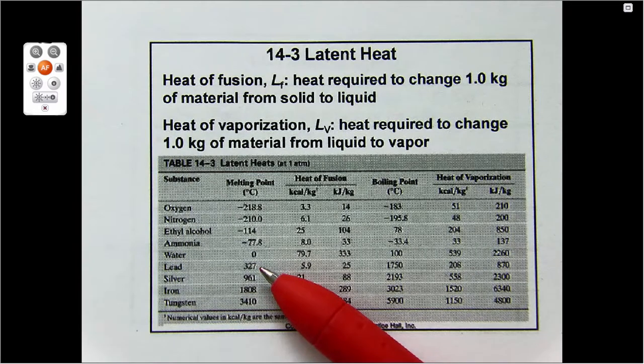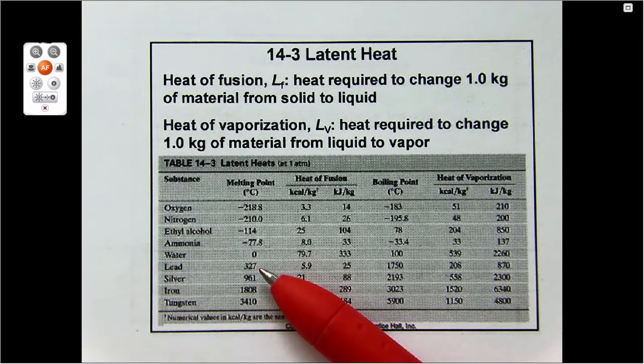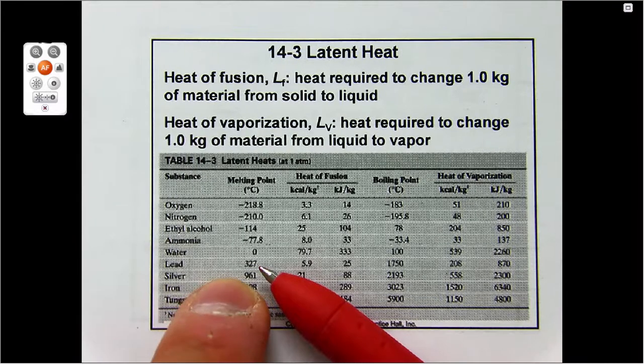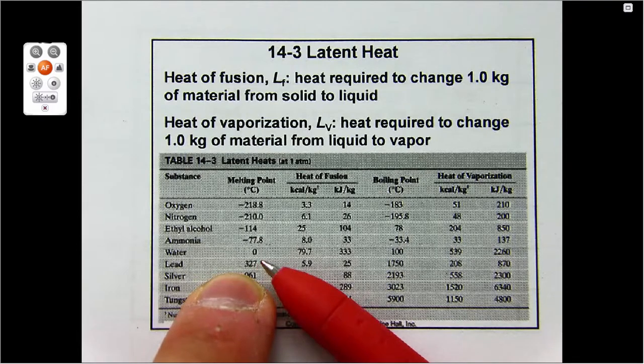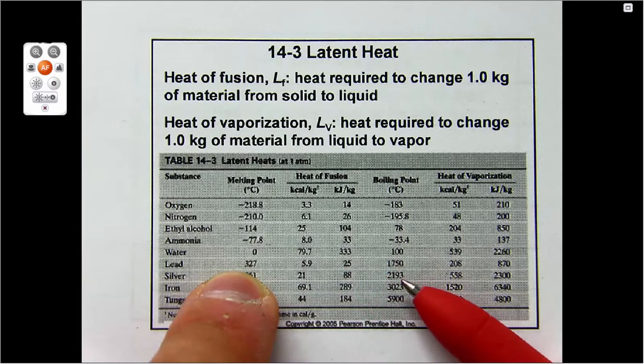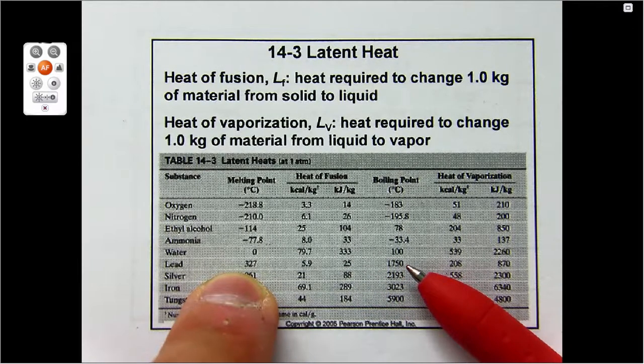You can melt lead on a hot plate. Lead has a low melting point. So you'd have to get it up to 327, and at 327, that solid chunk of lead is going to stay the same temperature until it's entirely melted, correct? Then you've got to take that up to the boiling point, which is 1750, and then you could boil the lead into the gas phase if you had a high enough temperature.